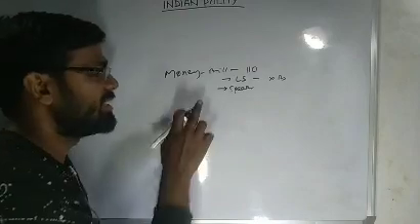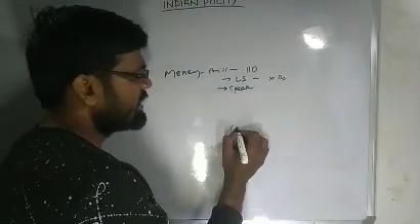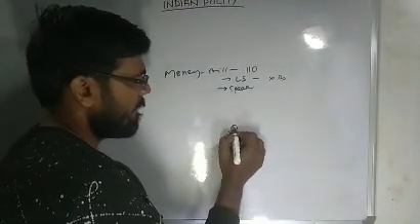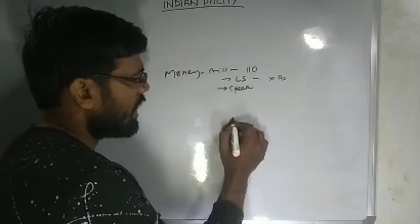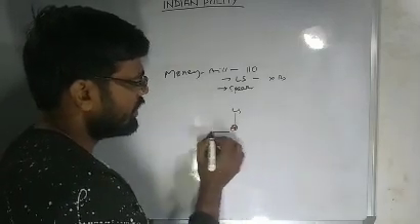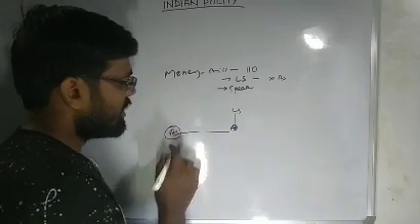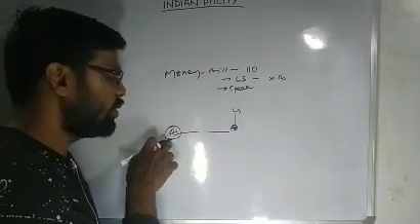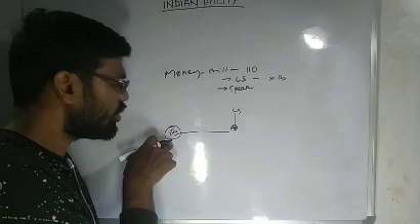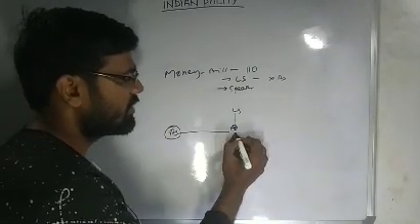Rajya Sabha can't initiate a money bill. Suppose a money bill is there. After introduction in the Lok Sabha, it goes to the Rajya Sabha. Rajya Sabha is bound to give its assent or approval to this money bill.